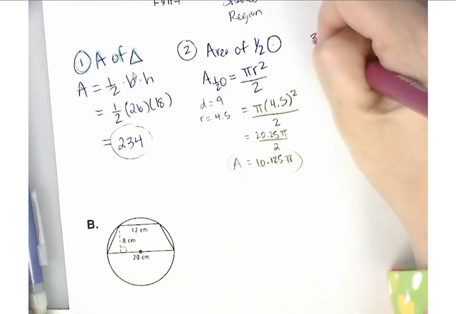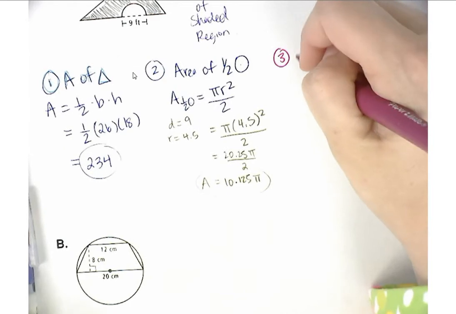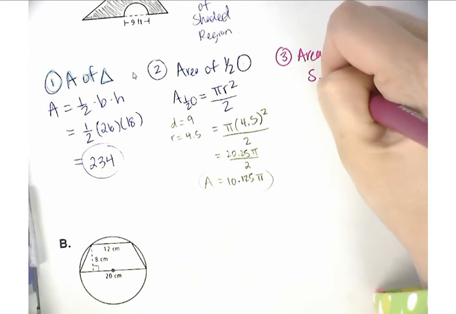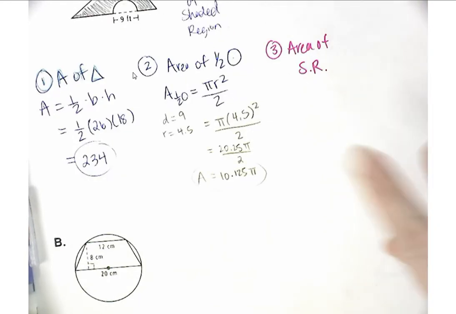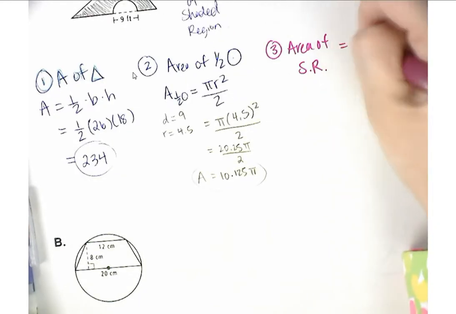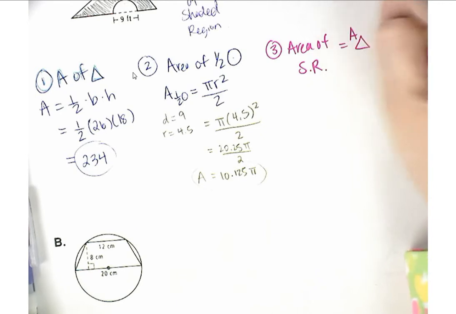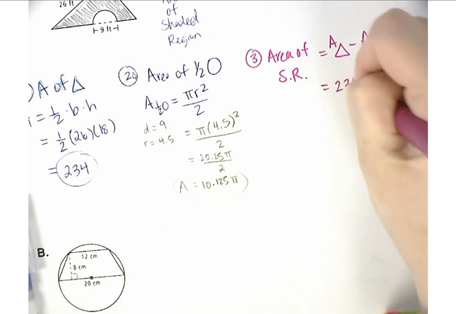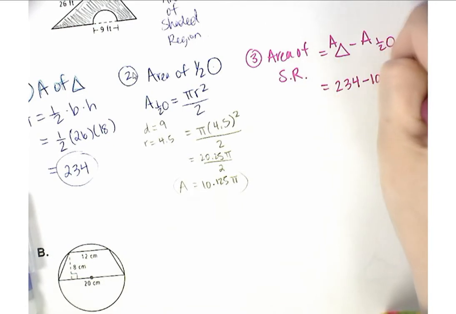Okay, so then the area of the shaded region, which I will call SR, shaded region, is the area of the triangle minus the area of half of the circle. And the area of the triangle we got is 234. And we got 10.125 pi.